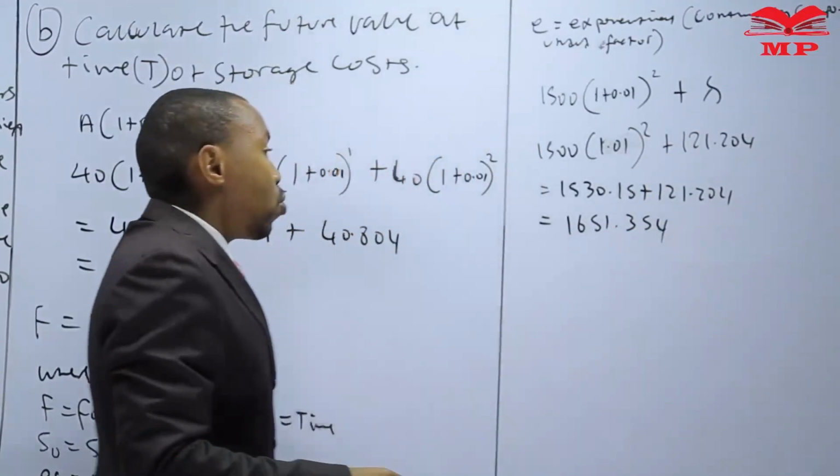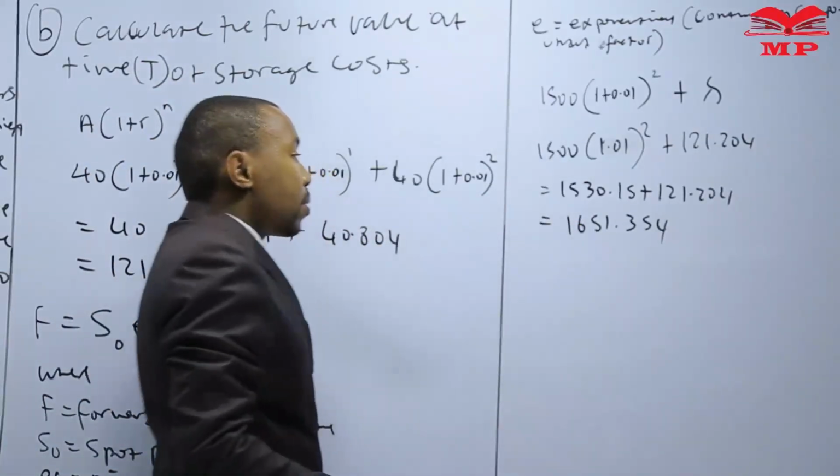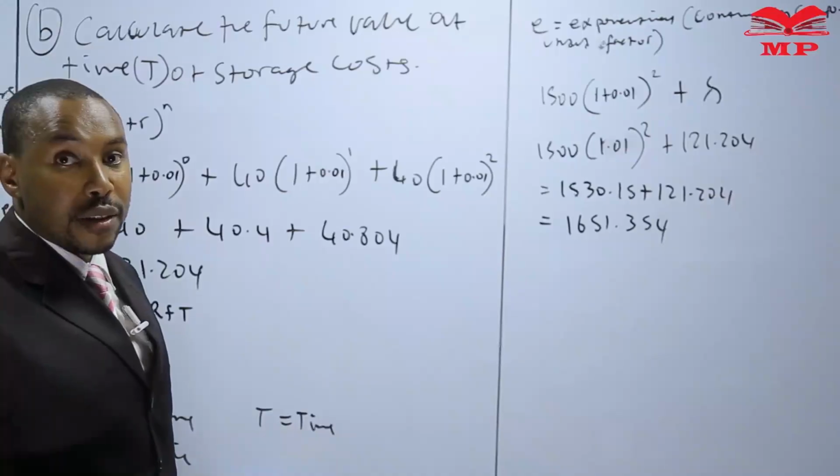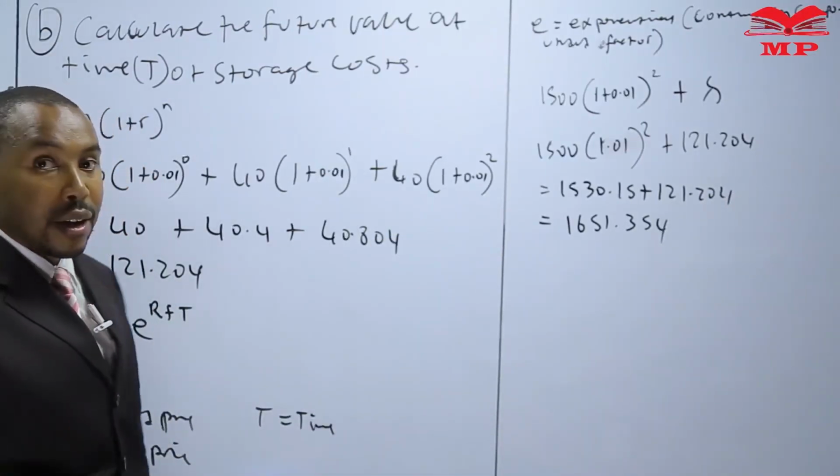That is what we're saying. We expect the price to move from 1500 to 1651 over the next 3 months. This is how commodities pricing is actually done.